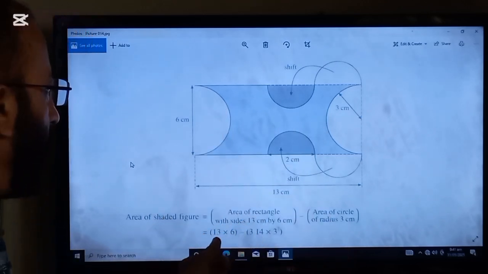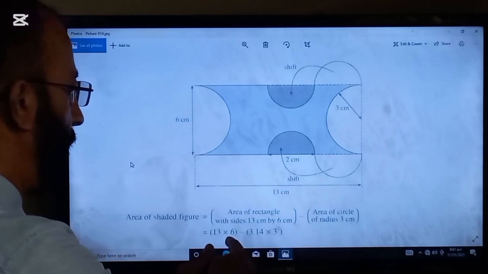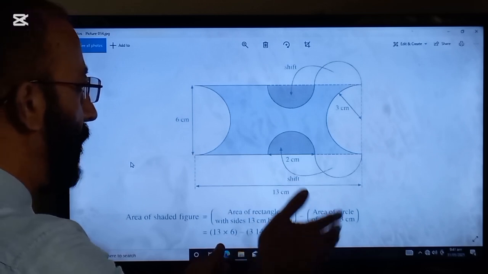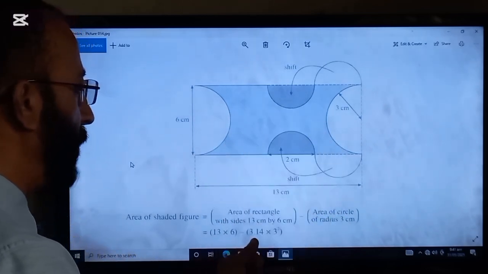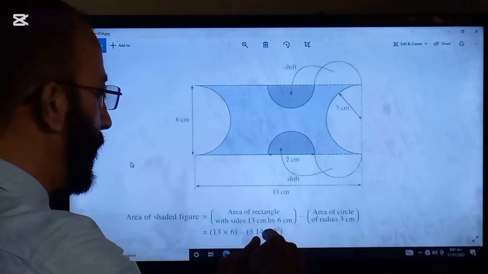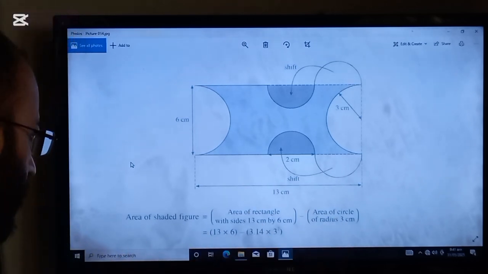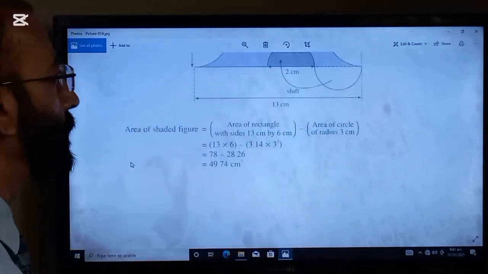The area of the rectangle, dimensions 13 by 6, so 13 into 6 minus pi r square, which is the formula for the circle. Pi's value is 3.14 and the radius of the circle is 3. Put these values into the formula, solve it on the calculator, you will get the answer.